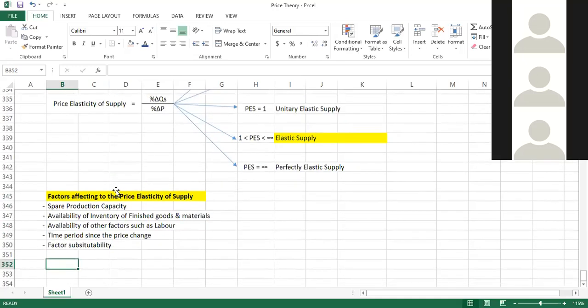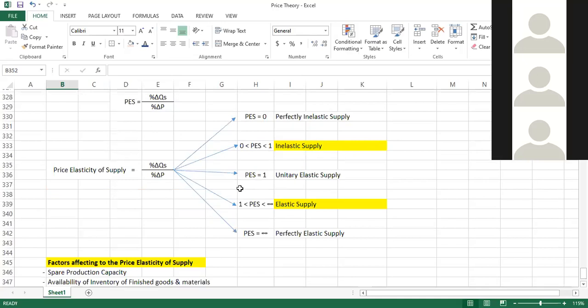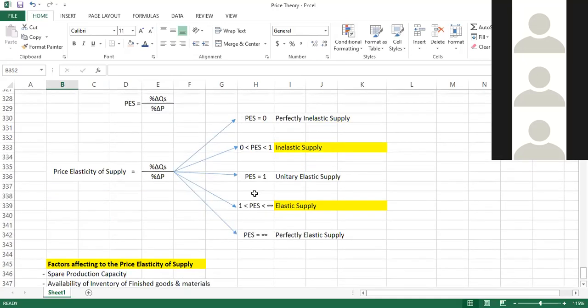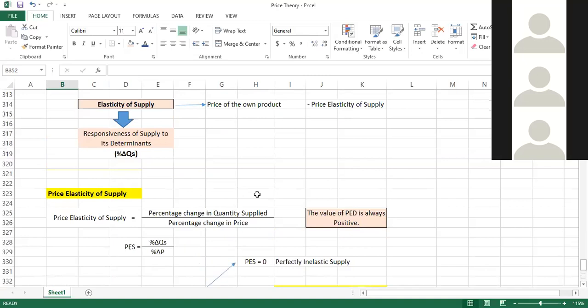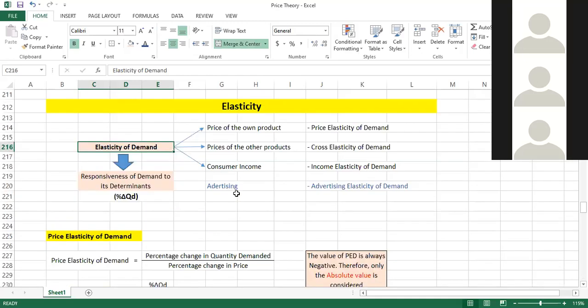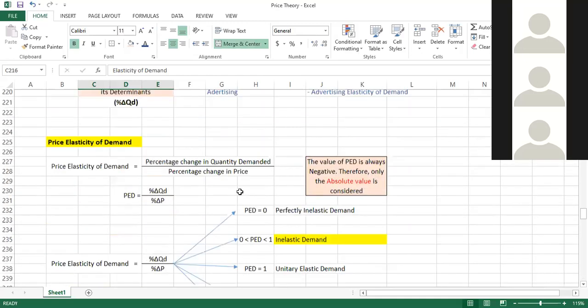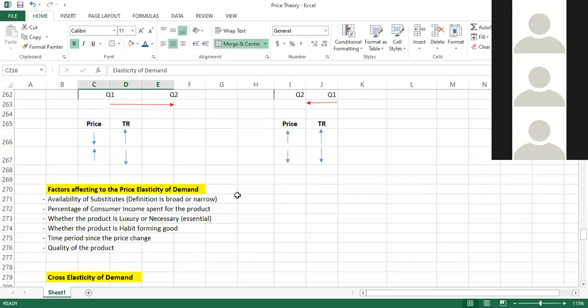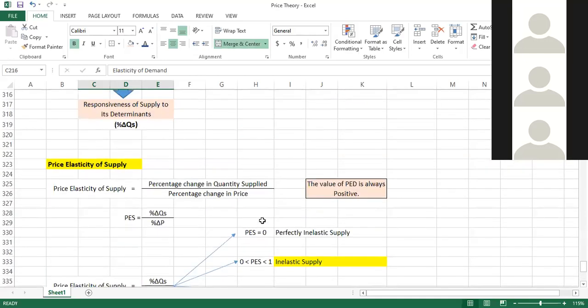Okay, so here in the key elasticity concepts we discussed the main factors related to elasticity of demand and elasticity of supply. Then we can move to the government intervention part.